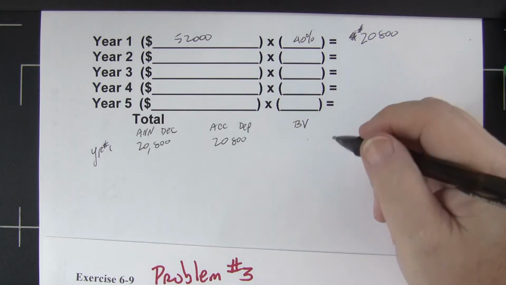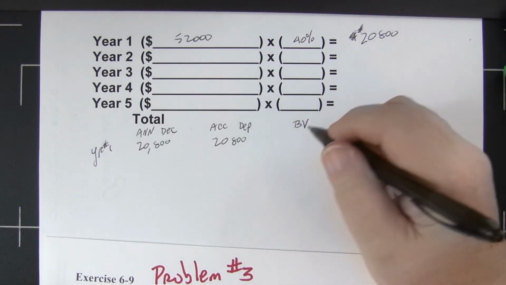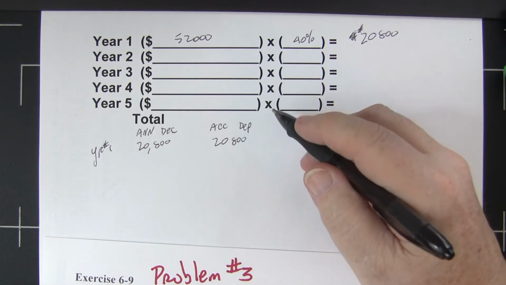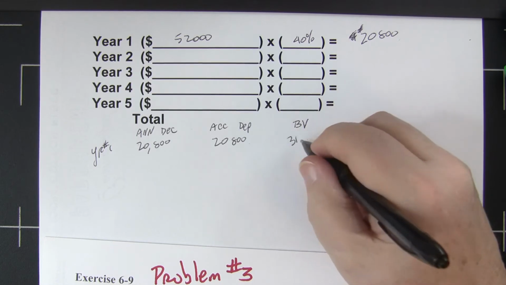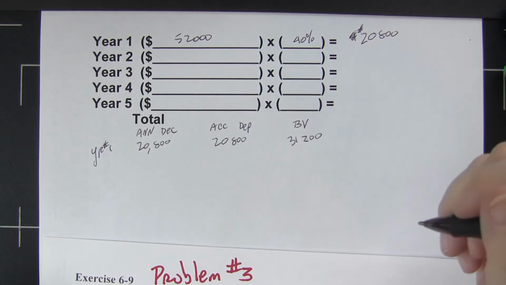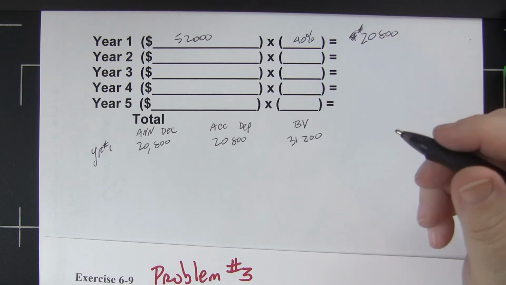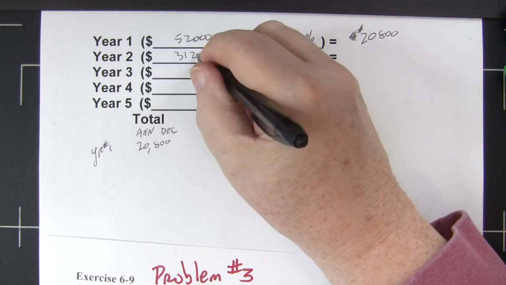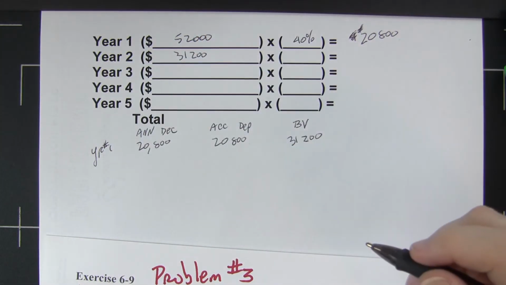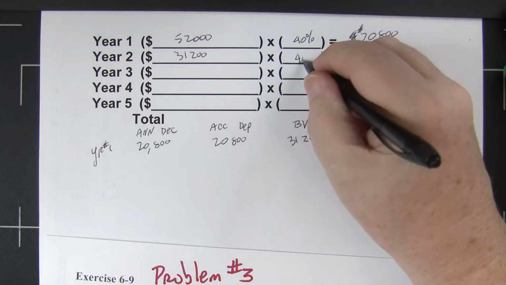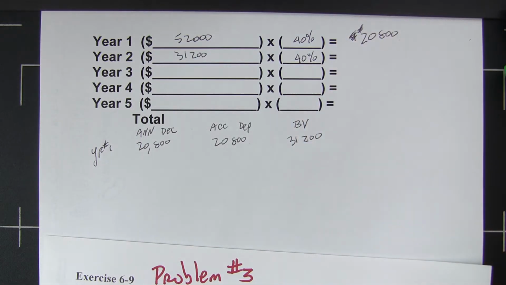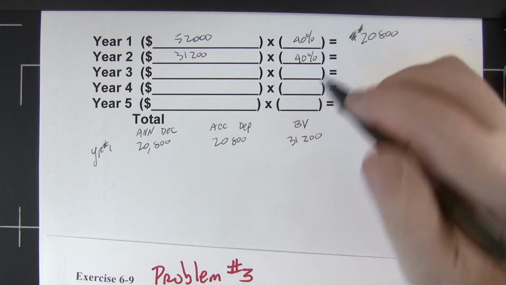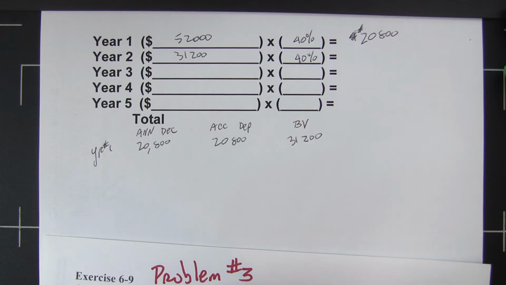So at the end of that year, my book value, 52,000 minus 20,800, is 31,200. Year 2, I'm taking 31,200. I'm multiplying that by 40%, and I come up with 40% of that is something I should do in the calculator.